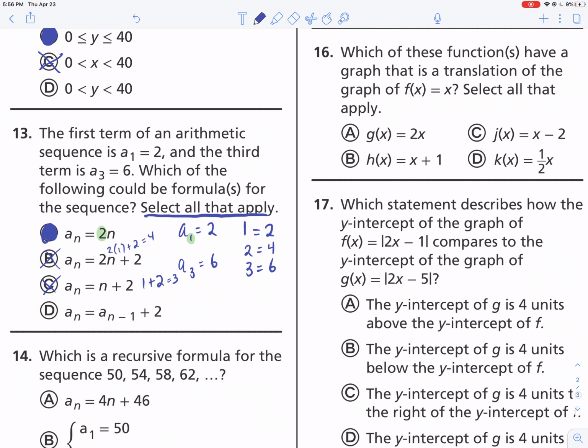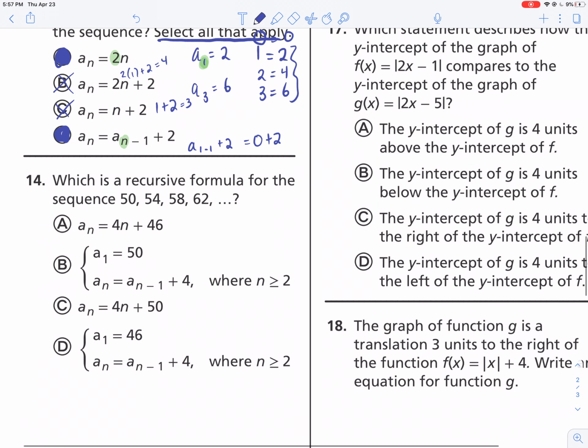It looks kind of scary, but if our n, again, was 1, we plug in: a to the 1 minus 1 plus 2. Well, if it goes up by 2 every time, that means our 0 term would be 0. So 0 plus 2 is going to give us 2. So this one also works.